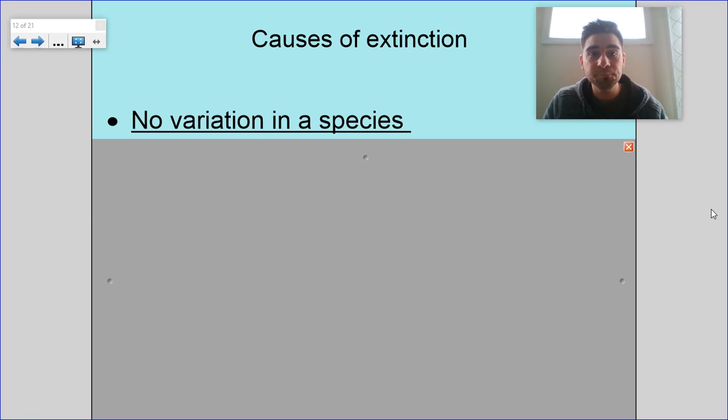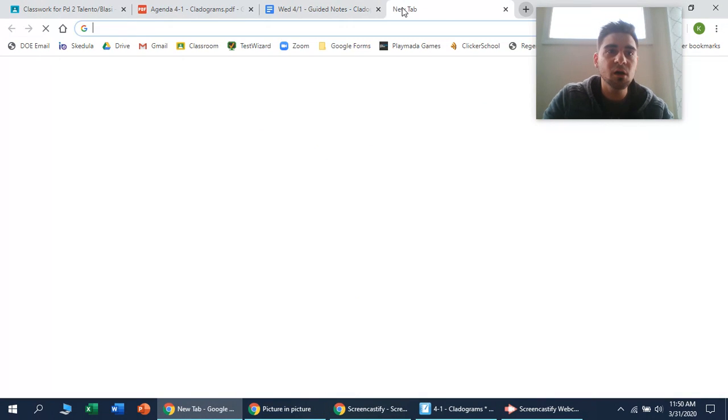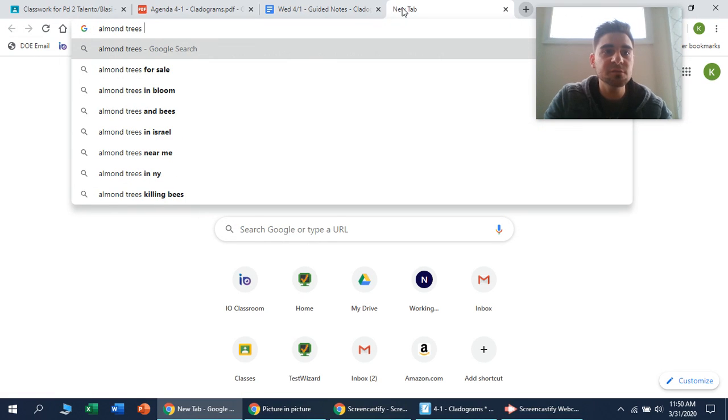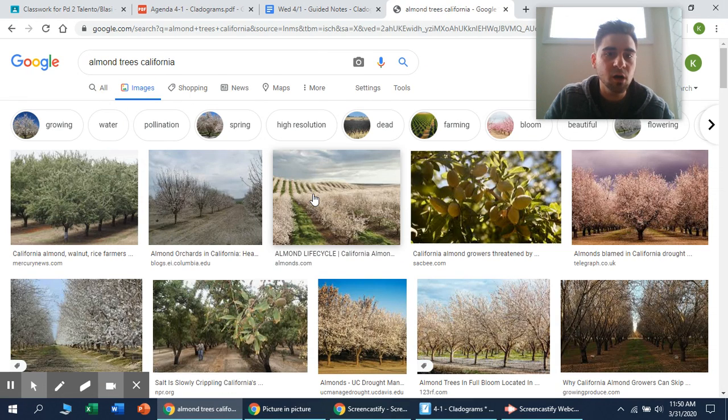Now, all of those almond trees are going to look exactly the same. In fact, maybe I can even pull up a picture of almond trees in California, right? So there are these giant orchards of all the same exact trees.